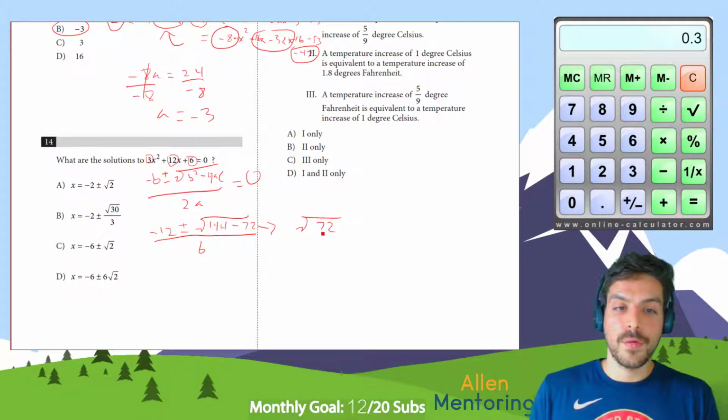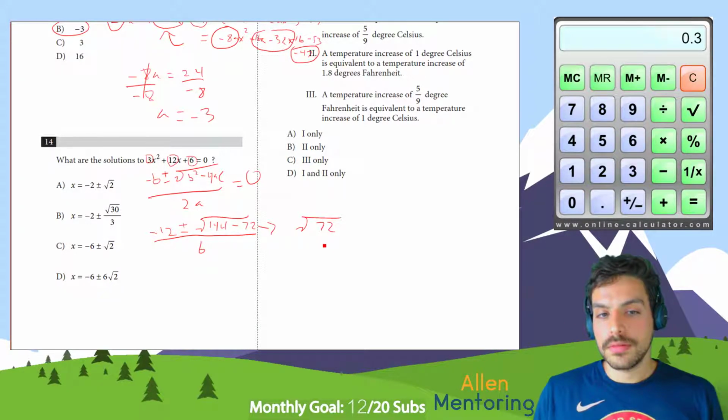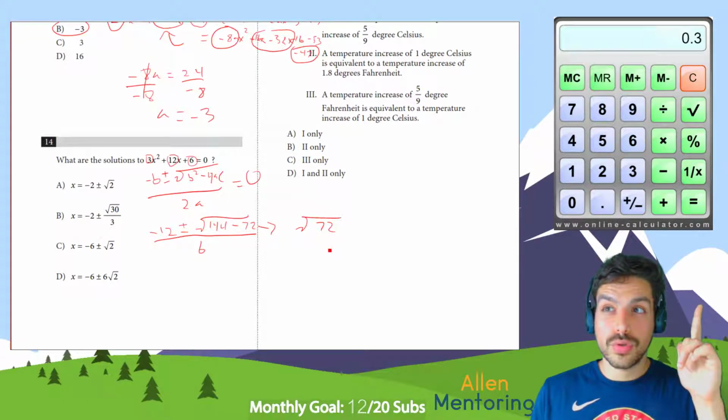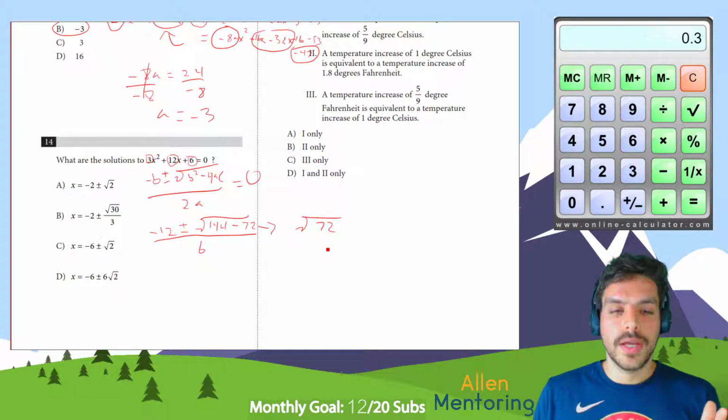4, okay, 4 can divide into 72 for sure. All right, what about any other square roots? Can 16 go into it? No, I believe not. Okay, can 25 go into it? No. 36, can 36 go into 72? Absolutely.